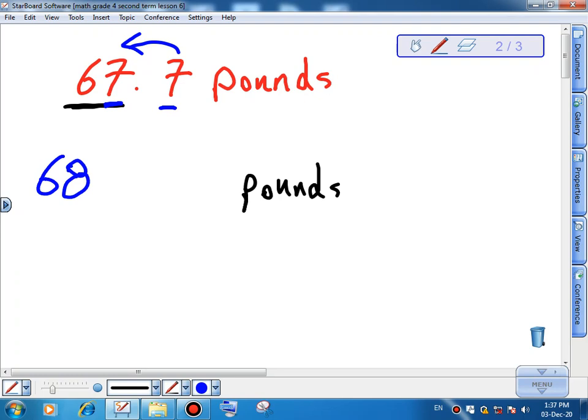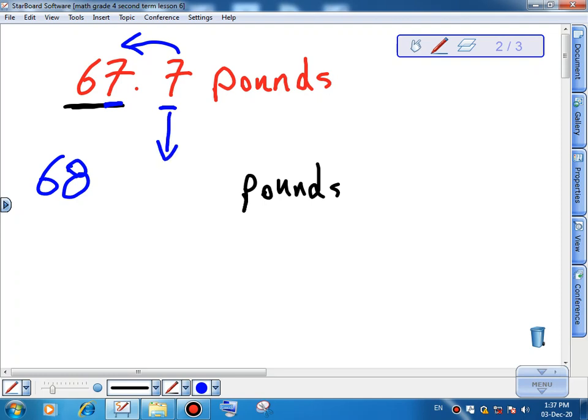Again, if I need to approximate any units like pounds, meters, kilometers to the nearest unit, it is the same thing. I don't need the decimal part, but first look to the decimal part.